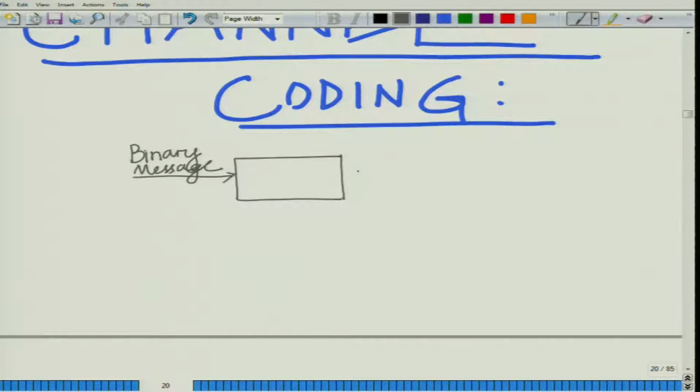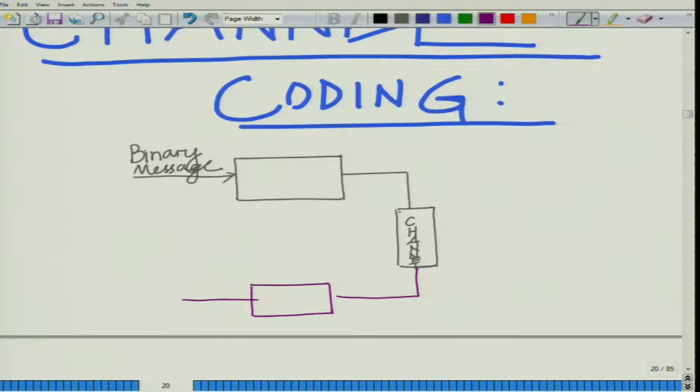I am going to name this block later, and that passes through the channel, followed by some other block. We are going to name these blocks later, and followed by the output. Naturally, at this point we have to be able to estimate. So this is the recovered message.